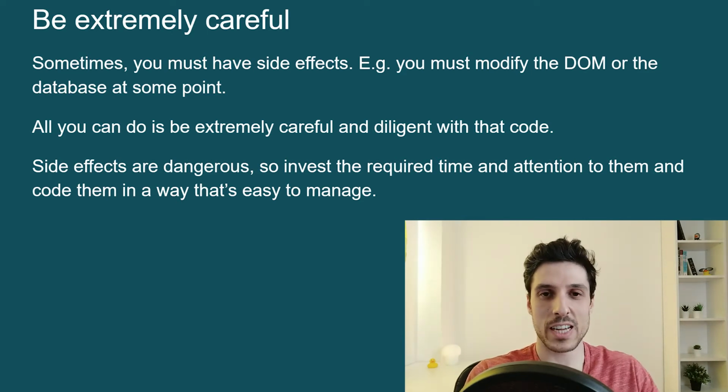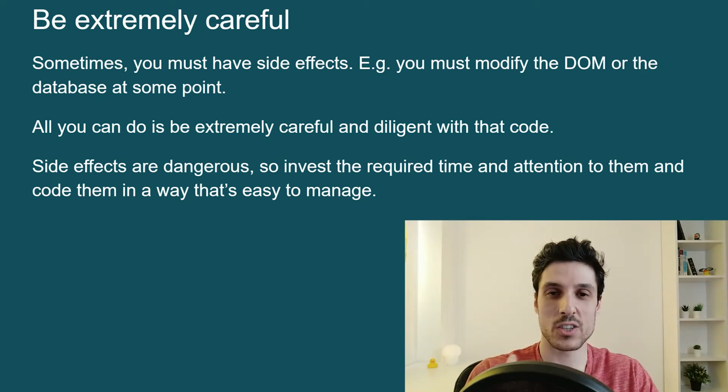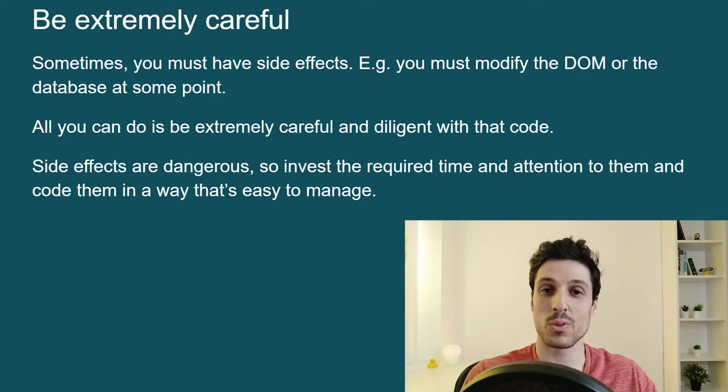As we've said already, side effects can be extremely tricky and extremely difficult to track. There isn't really getting away from any of that. You just have to be extremely careful and put in as much diligence as you can to this code, because if you don't, it's very easy to have bugs everywhere. So please invest the required time and effort whenever you code something that has side effects.